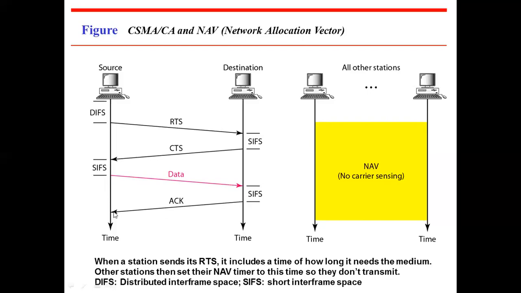After that, the acknowledgement is received. The NAV value is used for virtual carrier sensing: when a station sends its RTS, it includes the time of how long it needs the medium.